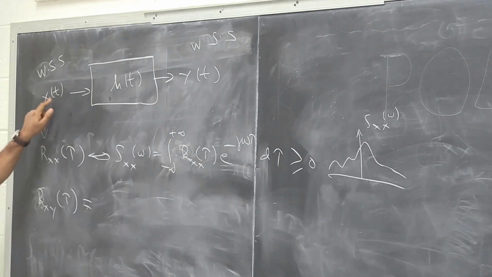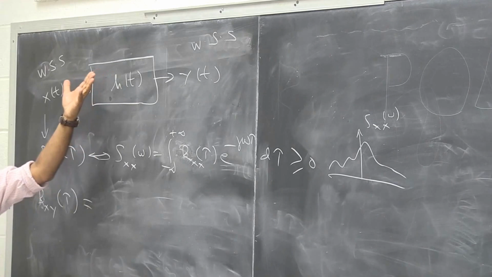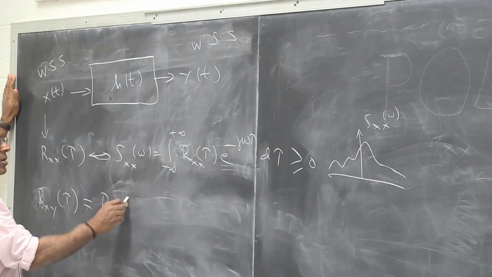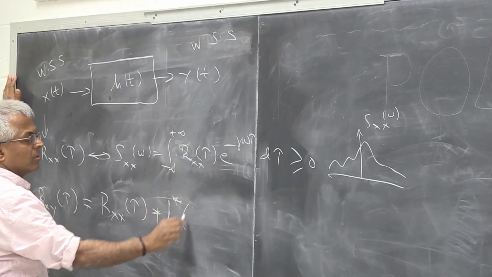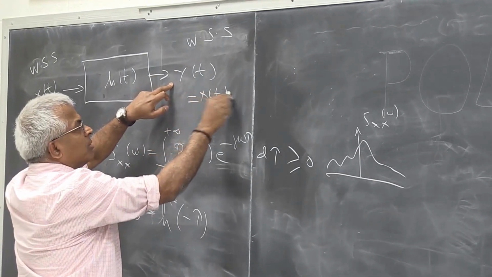correlation function between x of t and y of t, given by what? A few weeks back we learned, right? It is Rxx tau convolved with h of minus tau. Remember, y of t is of course x of t convolved with h of t.